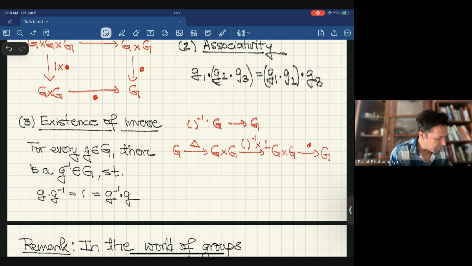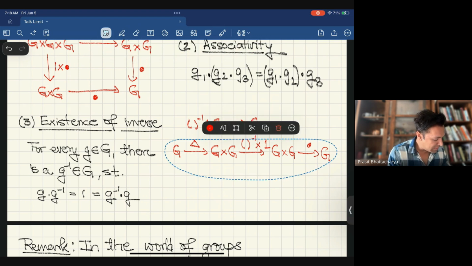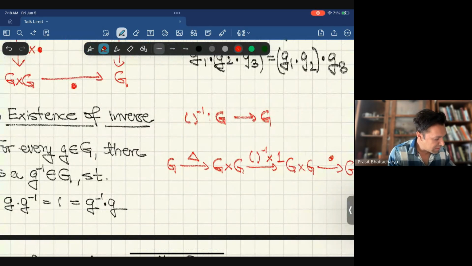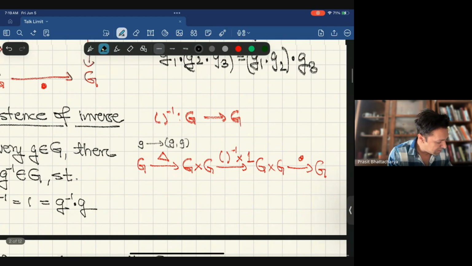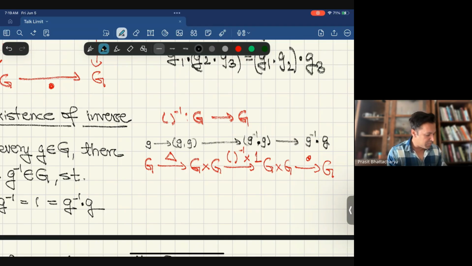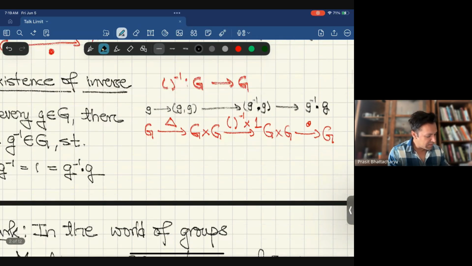So way to think about this is, let's see, I have an element G here, then I go to diagonal, so it will go to G comma G, and then it will go to G inverse, what I'm calling G inverse, and then I multiply, so this will be G inverse dot G, but it should be the unit, right?